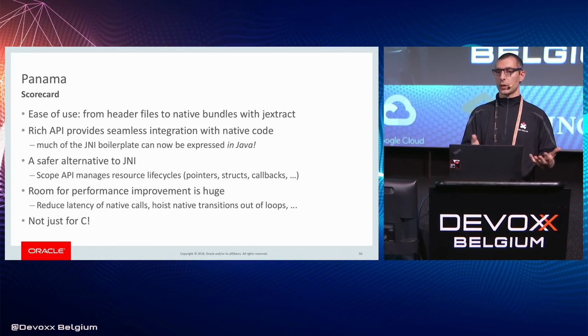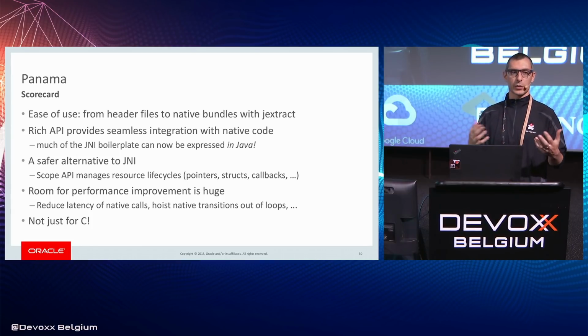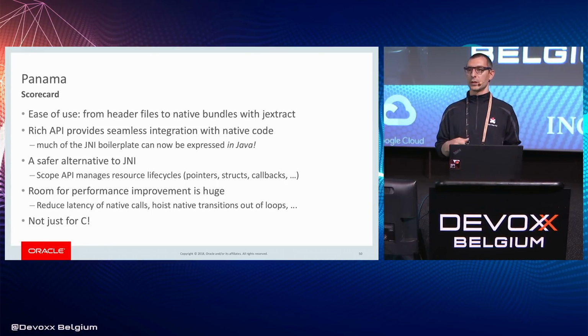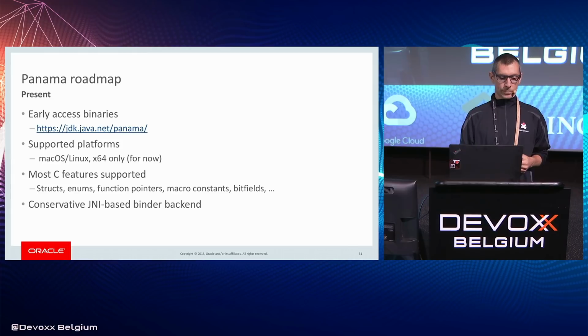We can, for example, use the Panama layout definitions for describing message protocols. You can describe a protobuf message using the Panama layout definition and allocate a protobuf instance off heap if you wanted. So all these tools are very general, and we hope that people will use them for more than just C interop.